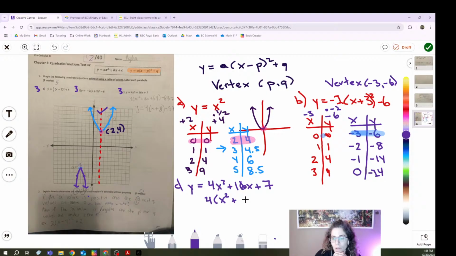No, you do need to put it in vertex form, and that's good, but what you didn't do is when you factored out the 4, you didn't change the 16. When you factor, you're only factoring these 2 terms. So dividing each by 4 leaves you x squared and 4x. Then I can put it into vertex form, and how do I go to vertex form from here?